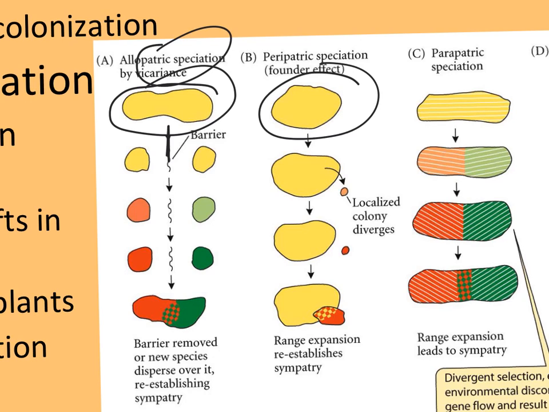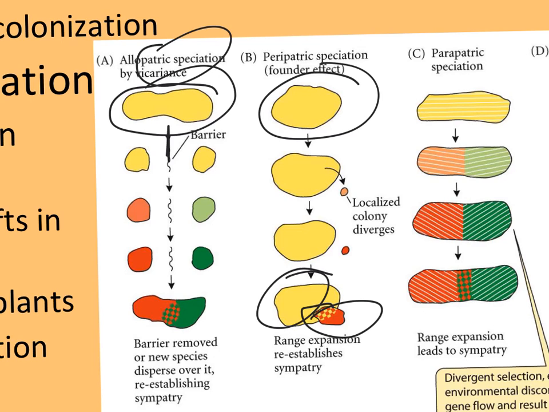Okay, and then, let's say you have range expansion and then they come back together. And at this point, one of two things can happen. They can actually start breeding again and make viable hybrids, and then they'll coalesce back into one species. Or by this time, there's such a great difference between this population and this population that they can no longer breed anymore.